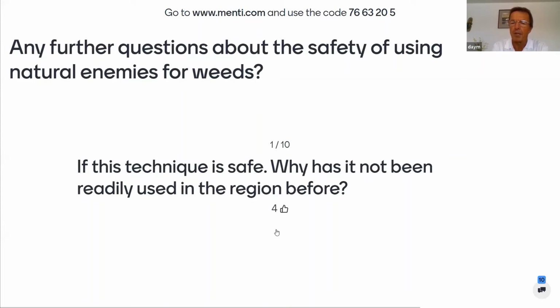And at the moment, in the last 5 years, I think 5 countries, PNG, Vanuatu, Cook Islands, have all introduced natural enemies. So maybe it's something that we need to make people more aware of.